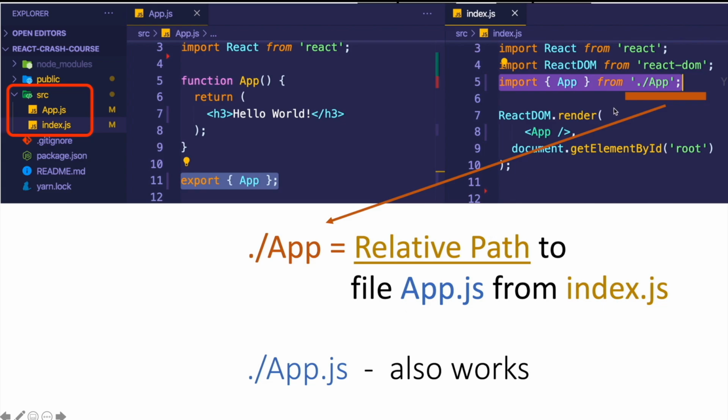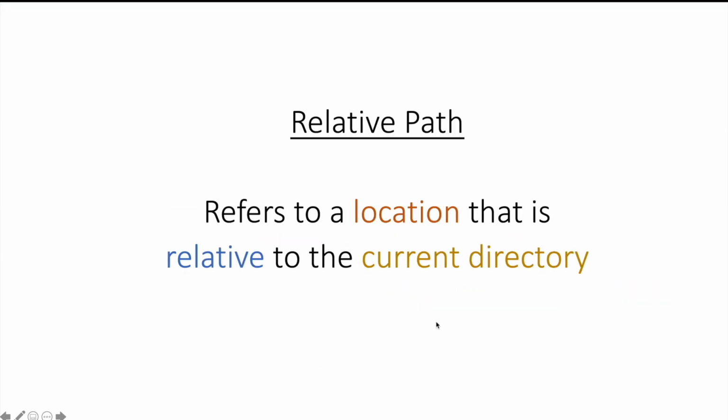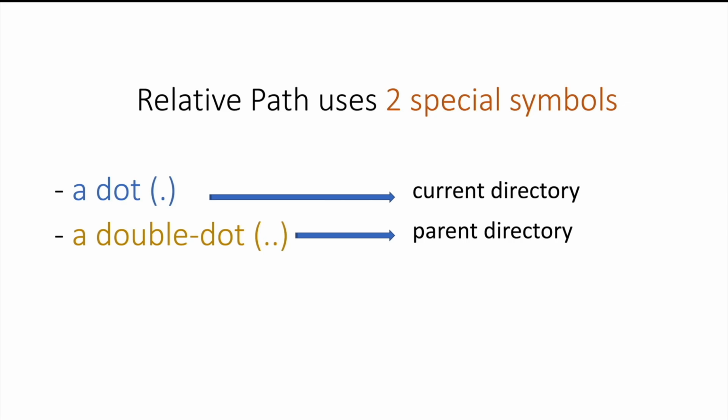So ./app will work and ./app.js also will work. If you're not familiar with what relative path means, relative path refers to a location that is relative to the current directory. Relative path uses two special symbols, a dot which corresponds to the current directory and a double dot which corresponds to the parent directory.